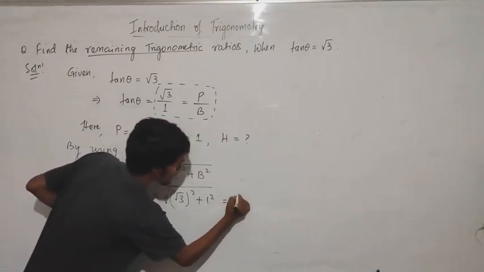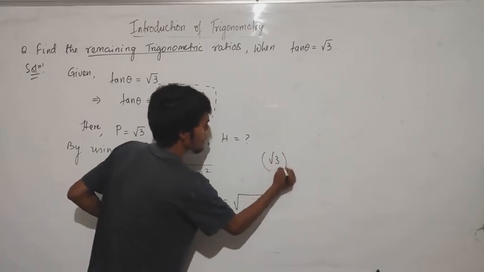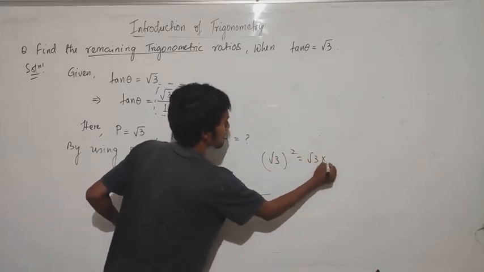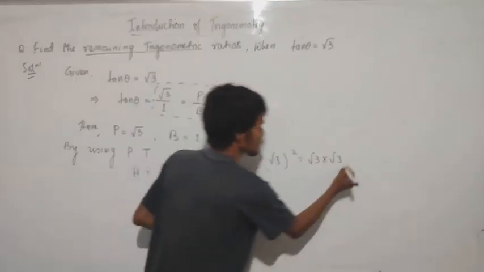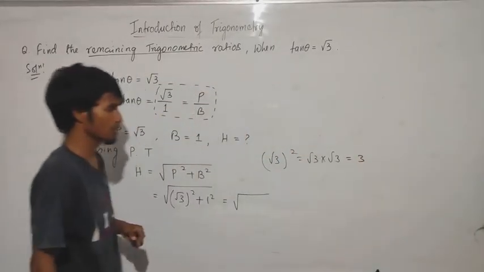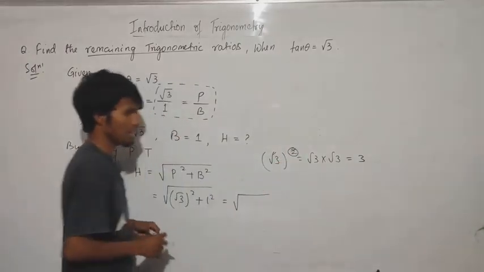Then how much do we get here? Root 3 square is root 3 into root 3, which is equal to 3, because the square and the root cancel out.